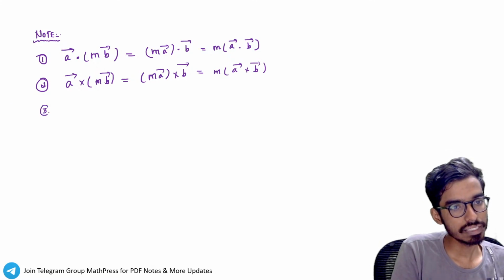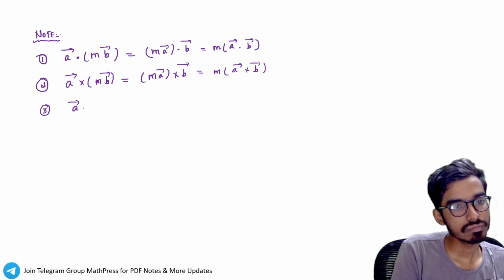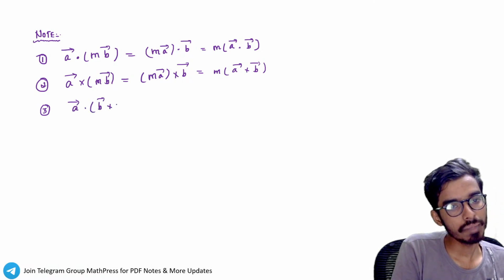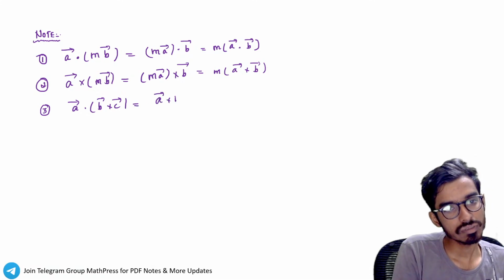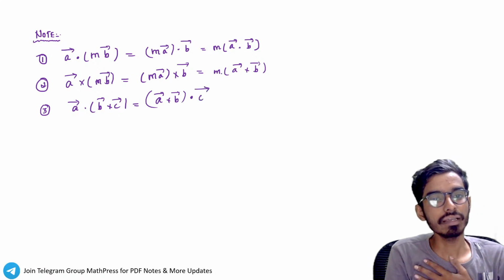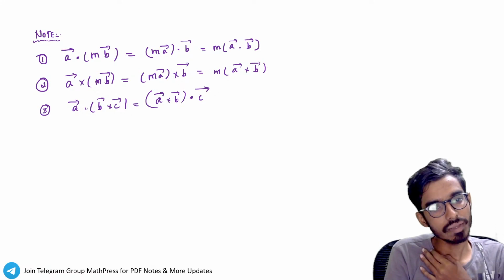Now the third formula is a dot b cross c. So a dot b cross c is the same as a cross b dot c, right? Here there is only normal multiplication, but here we have dot again.